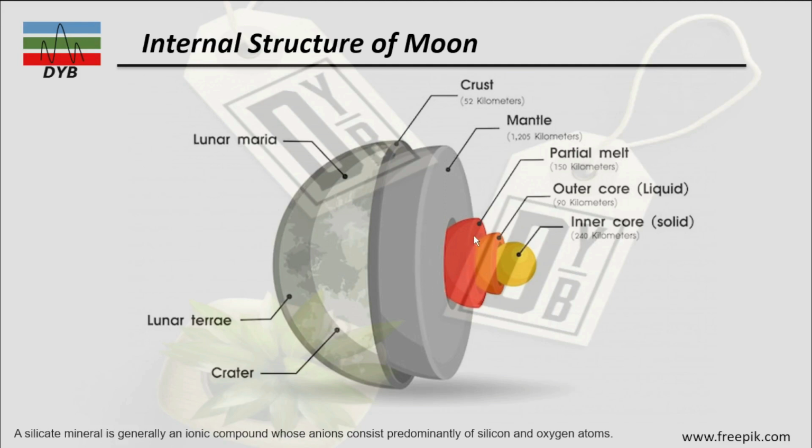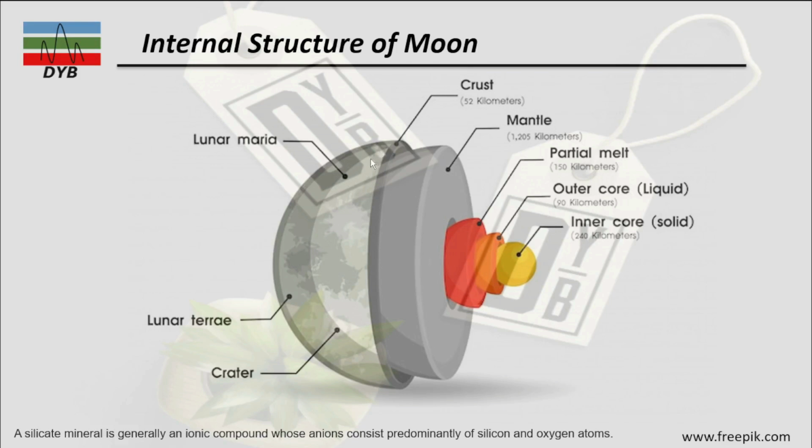And then in the core we have the partially melted core, which is 150 kilometers thick. Then we have the outer core, which is 90 kilometers, which is liquid, and the inner core, which is 240 kilometers, which is the solid core.